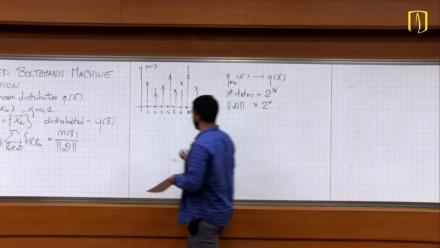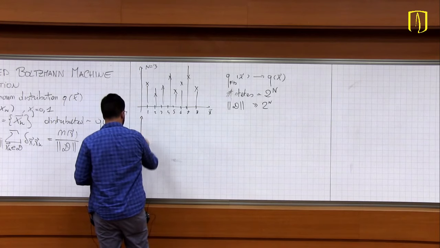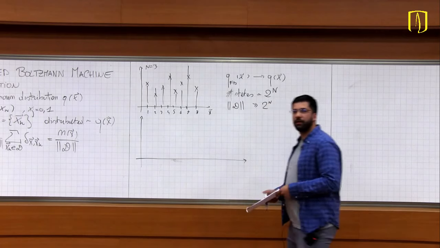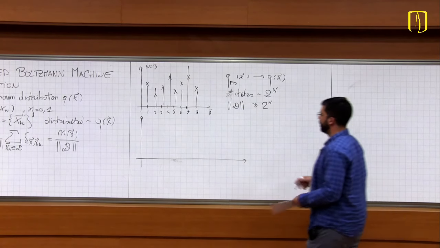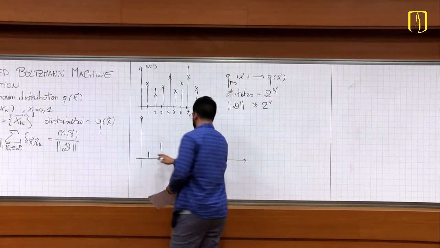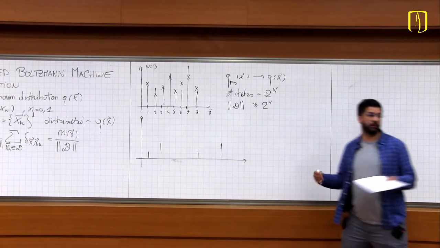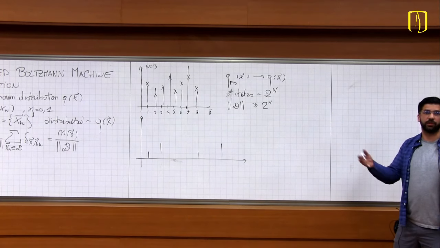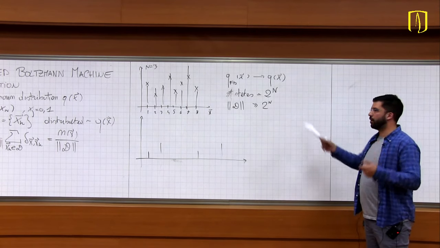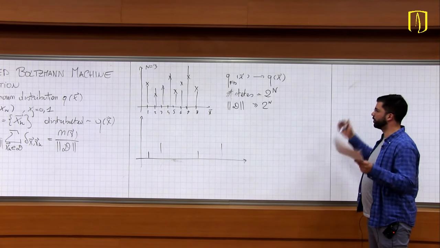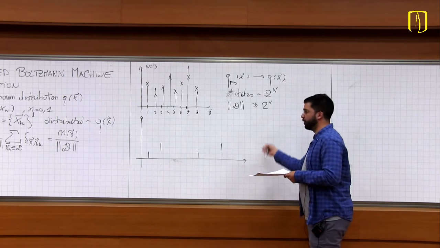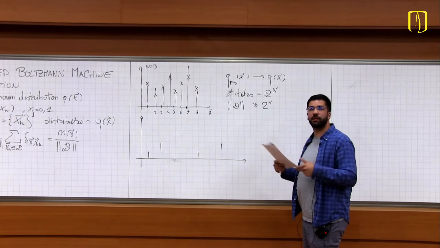You can imagine building a histogram for some realistic size, maybe 50, maybe 100, and you soon realize that you're going to have some statistics, but most of the states will have zero counts, just because you can't explore them, right? 2 to the 50 is more than all the particles in the universe or something, and you're going to have finite size data sets, like 100,000 or 100 million samples.